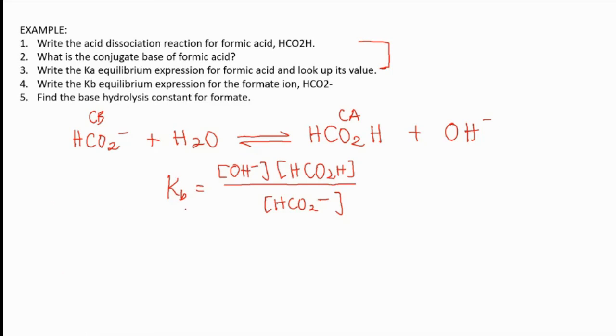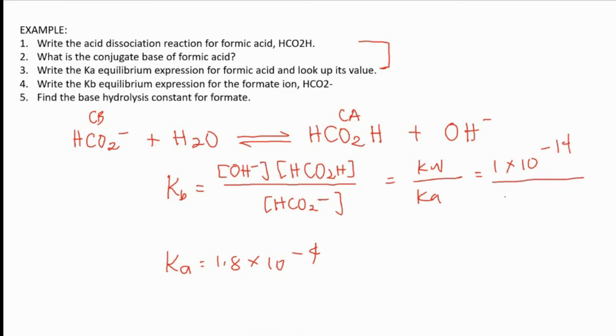So what is the value of Kb? We have the Ka from earlier, 1.8 times 10 raised to negative 4. So our Kb is Kw over Ka, 1 times 10 raised to negative 14 divided by 1.8 times 10 raised to negative 4. That gives 5.56 times 10 raised to negative 11.